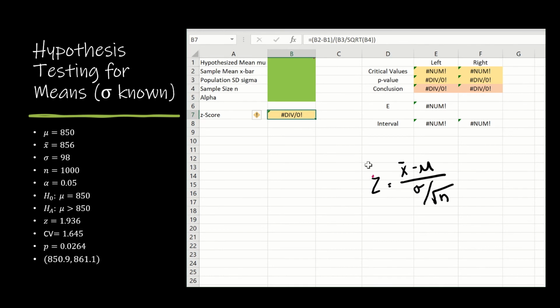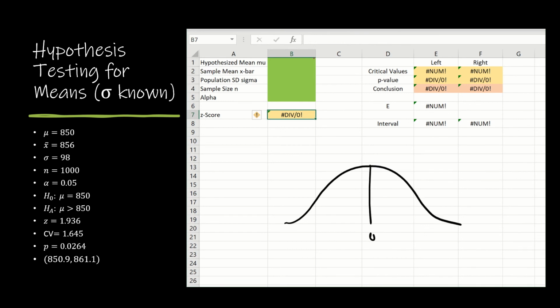And then we're going to look at the critical values. So we know that a left critical value is going to be a negative critical value, and a right critical value will be a positive critical value. So again, if we think about this, the left critical value is going to be somewhere over here, which is negative. And then the right critical value is somewhere over here. So what do I need?